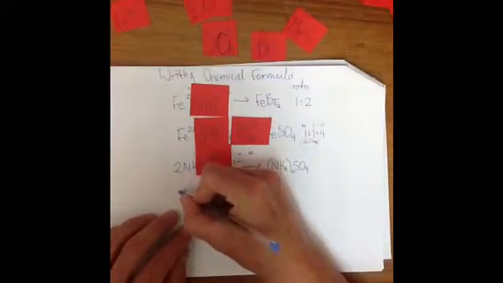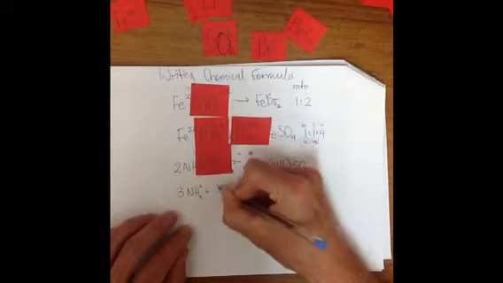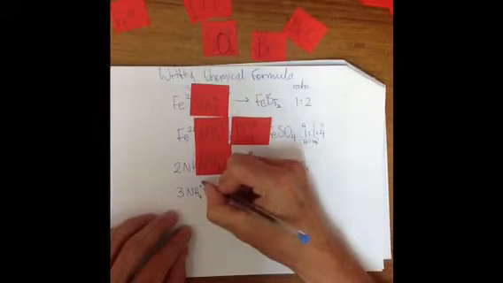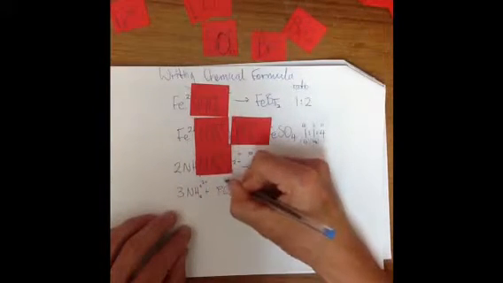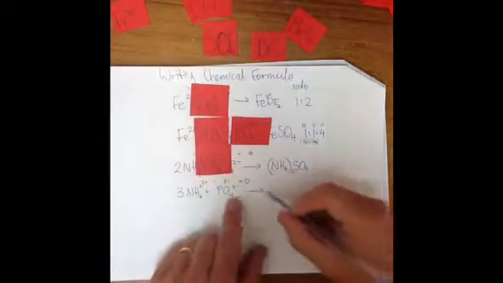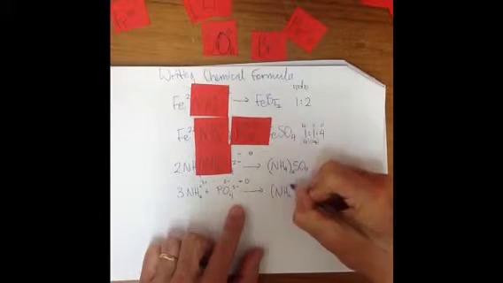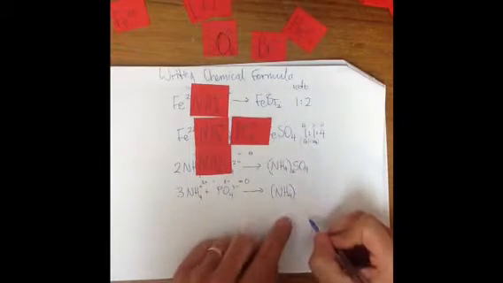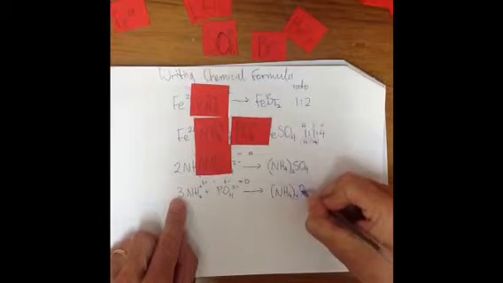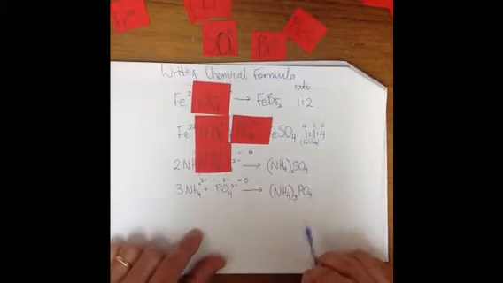So we have 3 NH4 plus and PO4 3 minus, and that becomes a 3 plus with a 3 minus, giving us a 0 with the charges, and we write this down as (NH4). And can you guess what number I would put down there? It's going to be the 3, (NH4)3PO4. This is known as ammonium phosphate.